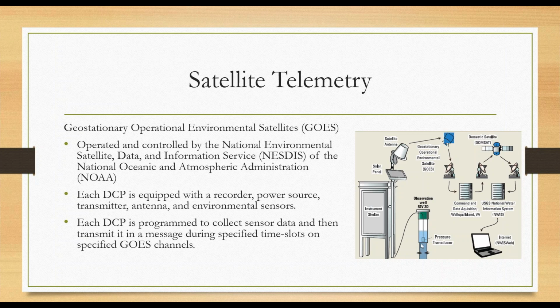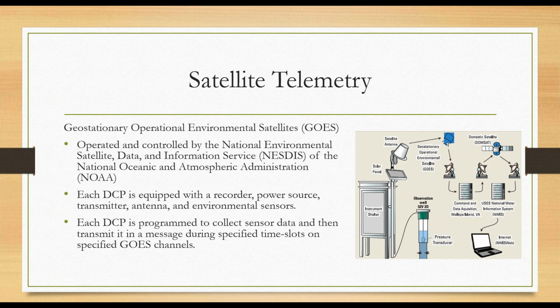There's a transducer down the well. That information is collected at whatever interval. Let's say the interval is 15 minutes or hourly. And then that is transmitted through GOES, the Geostationary Operational Environmental Satellites, and to our offices and to the internet.